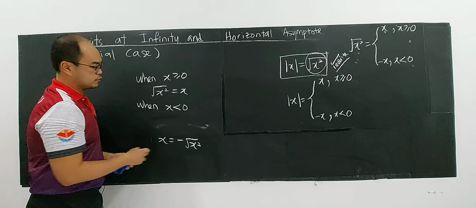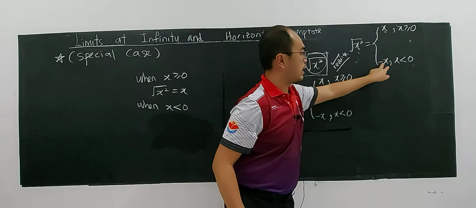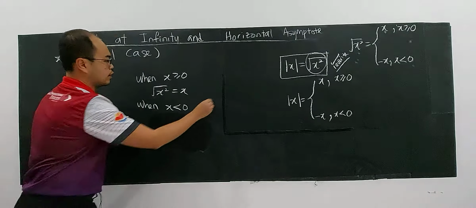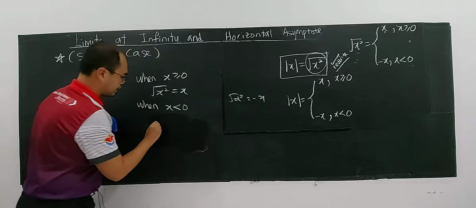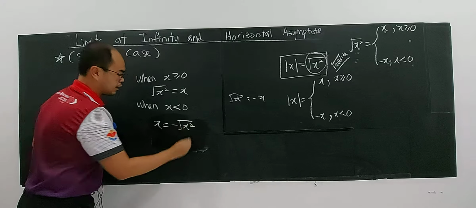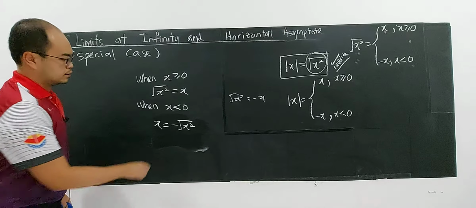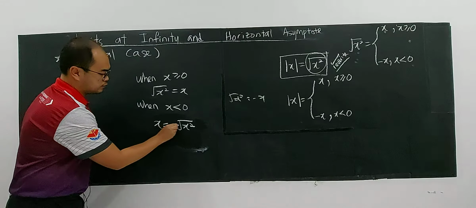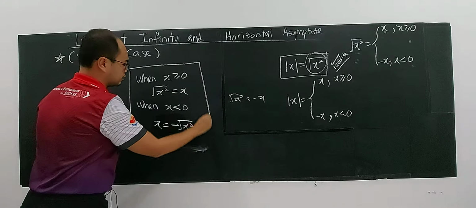When x is negative, the square root of x squared is negative x. So it means that x will be the negative of the square root of x squared. This will be a very important result.